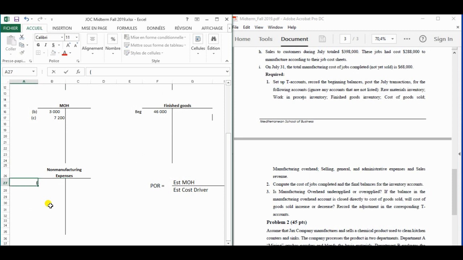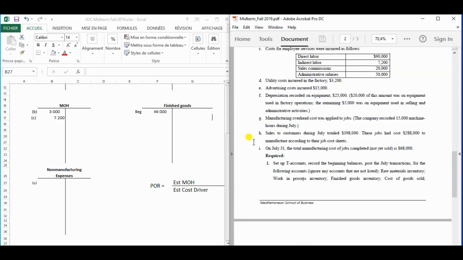Okay, so we're still in transaction C. So sales commission 20,000, and finally the administrative salaries, also in non-manufacturing expenses or in the selling and administrative expenses, for $50,000.